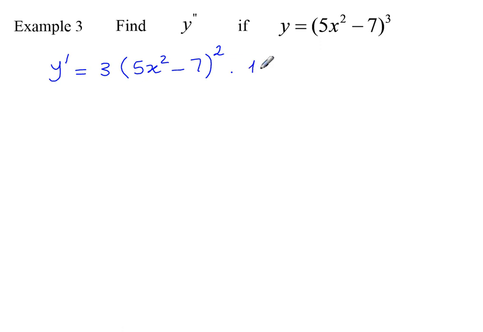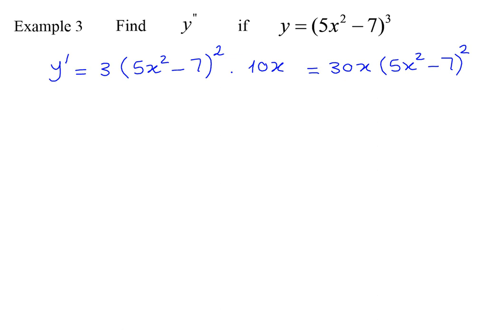The derivative of 5x squared is 10x, and the derivative of 7 is 0. And again, this can be simplified to 30x times 5x squared minus 7 all to the power of 2.